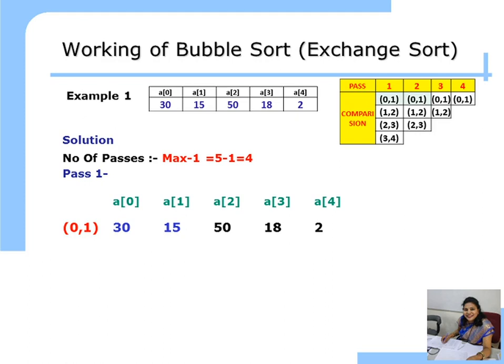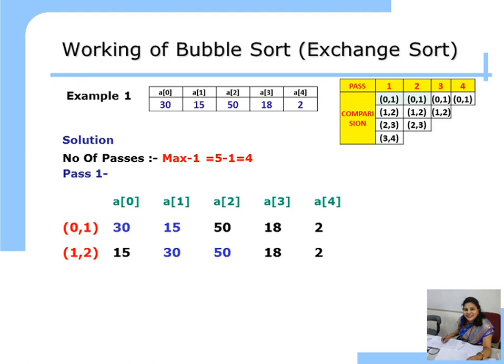Now we compare: is the 0th element, that is 30, greater than the first element, that is 15? Yes, it is greater. So we swap it. After swapping, 15 will come at the 0th position and 30 will come at the first position, like this: 15, 30, then 50, 18 and 2.